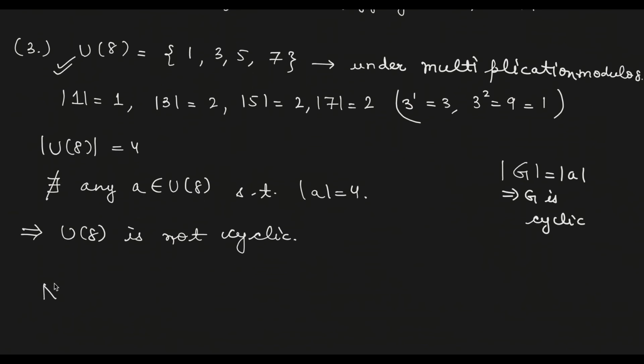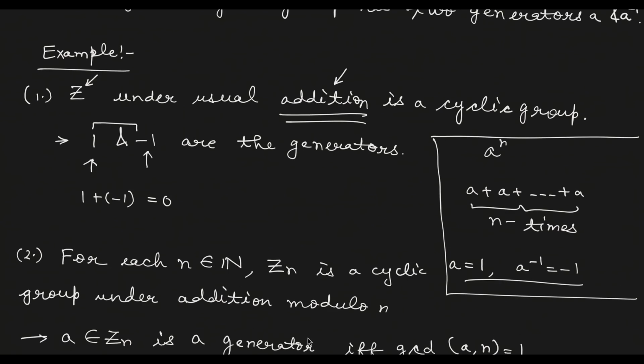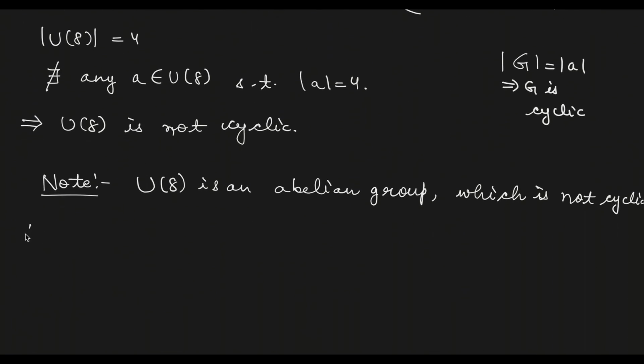Note, U8 is an abelian group which is not cyclic. Therefore, every abelian group need not be cyclic.